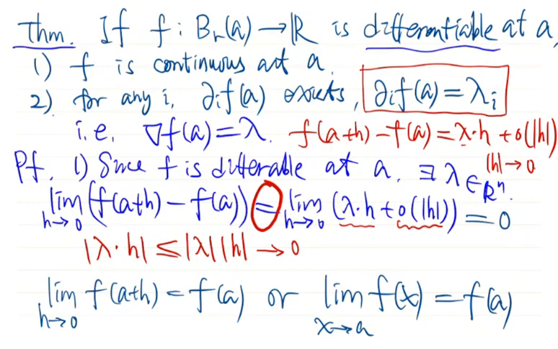So this means that f is continuous at a. Therefore, this proves our first conclusion of our theorem. Next, we prove that the partial derivatives exist, and the value of the partial derivative is lambda i.